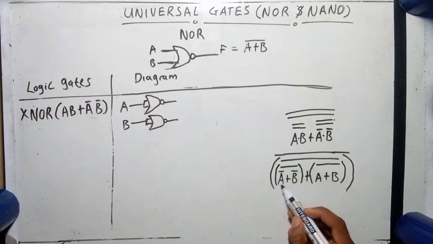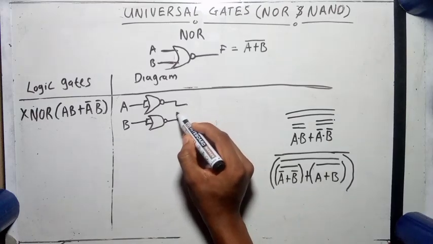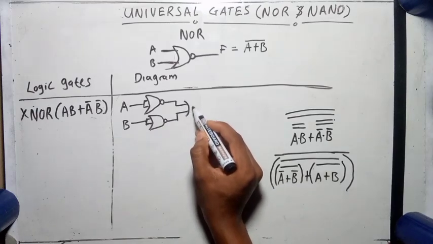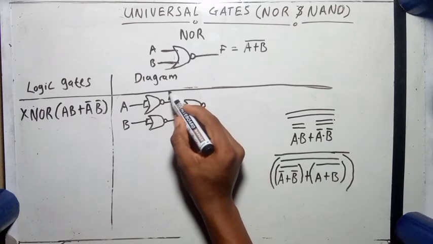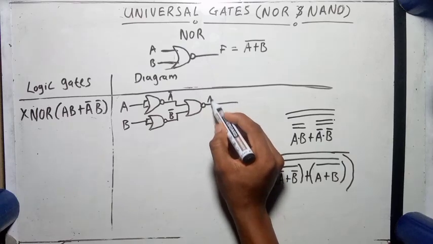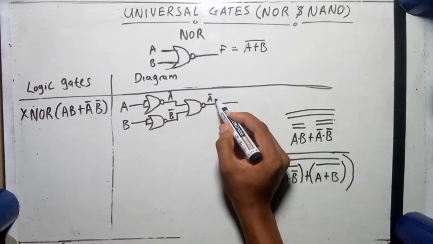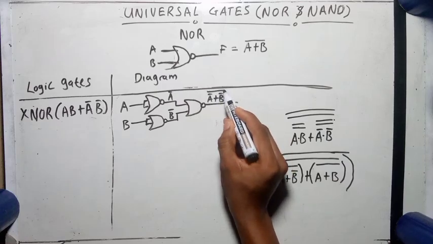So after negating, we are just trying to achieve this one. After negating the two of them, we will then NOR the two of them. So at this point, we have A bar, B bar. At this point, we're going to be having A bar plus B bar, or bar.